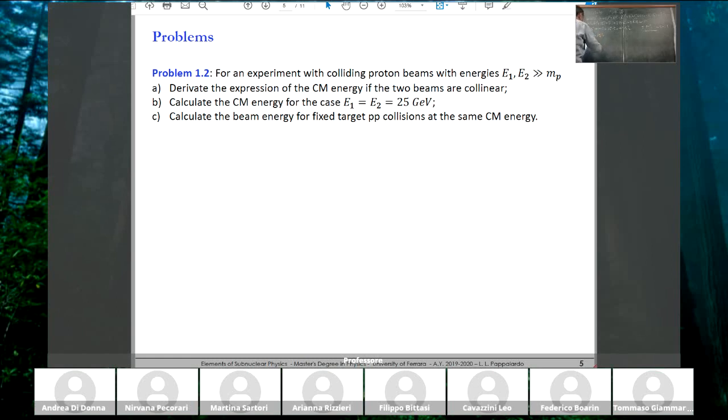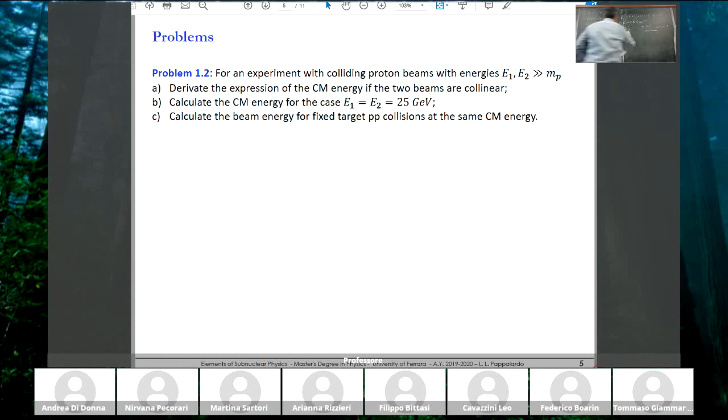No, sorry, let's still work on the general case. At the end we make the special case, okay. So, let's complete this first, and then we make the approximation at the end. So this is m1 squared plus m2 squared, okay.